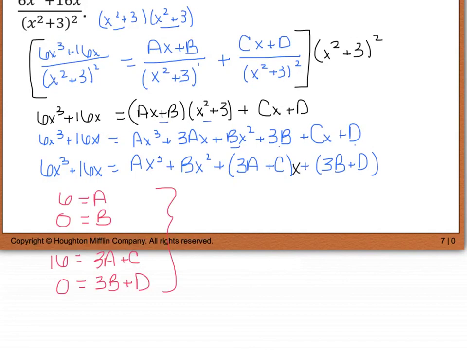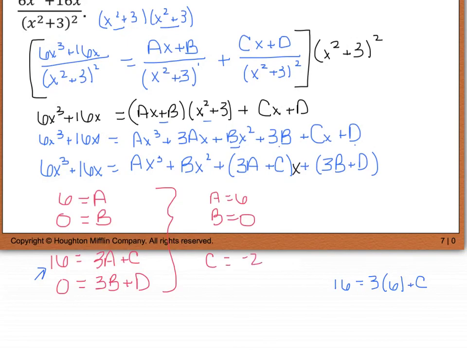So based upon all of this information right here, I know that a equals 6, b equals 0. And then I can use this equation right here and say that 16 is equal to 3 times 6 plus c, or c then is equal to negative 2.